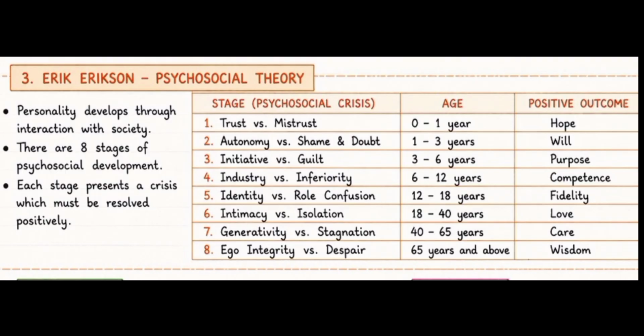Hence, this theory is called psychosocial development. According to him, human development and personality are characterized in 8 stages, and these stages are called psychosocial stages rather than psychosexual stages. He believed that development in a human being is a continuous process.